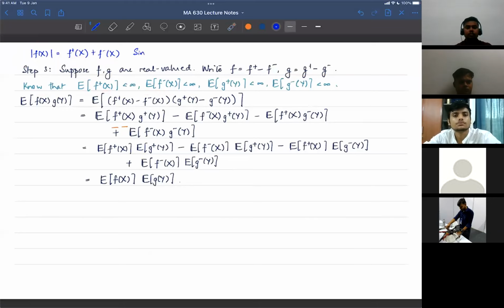Since E of absolute value of f of x is finite, we have E of f plus x is finite, E of f minus x is finite. Similarly for g, I don't think you need me to write that out. Similarly, expectation of g plus of y is finite, expectation of g minus of y is finite. So far, so good? Yes? No? Questions?